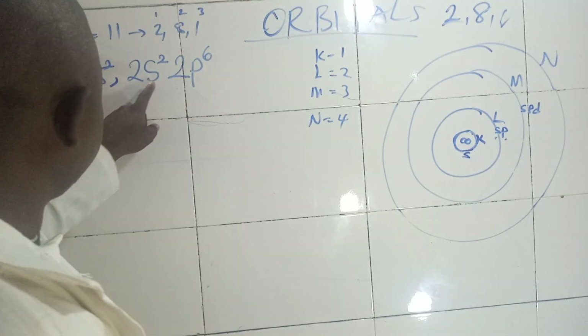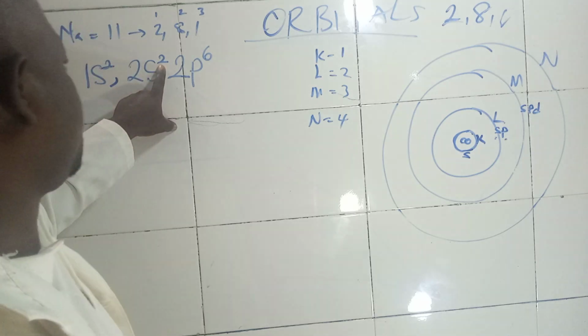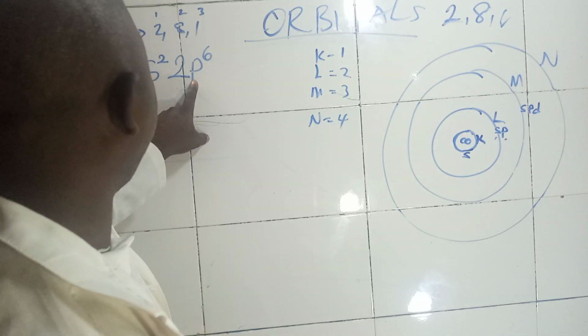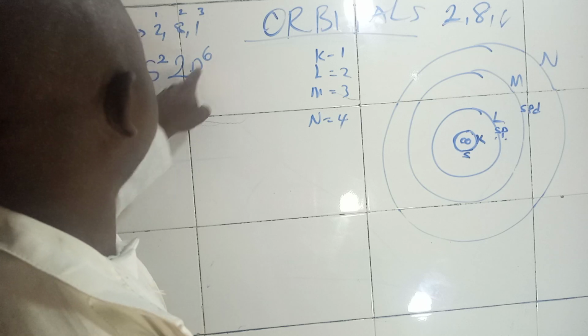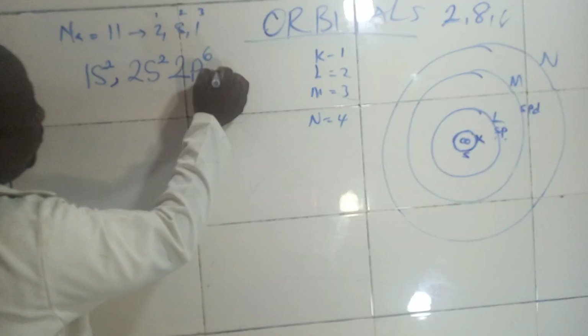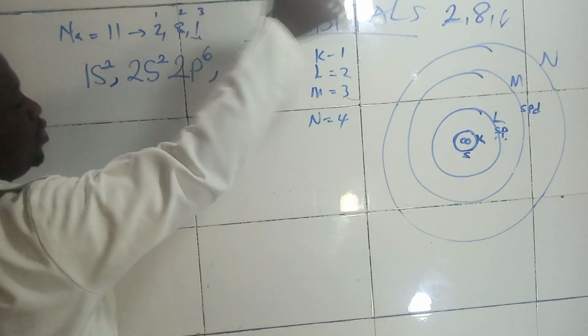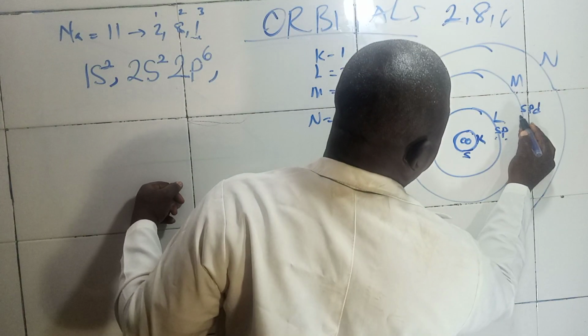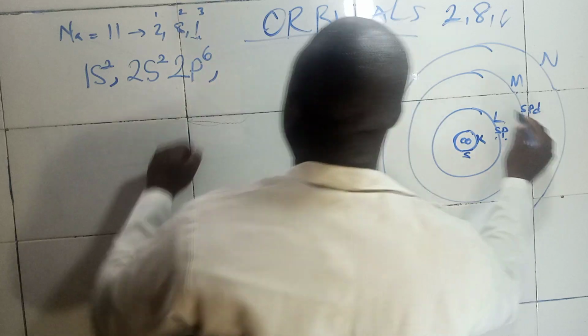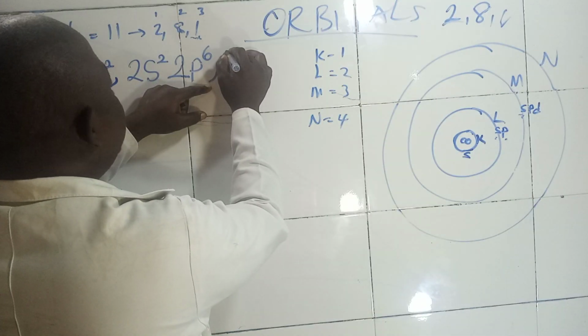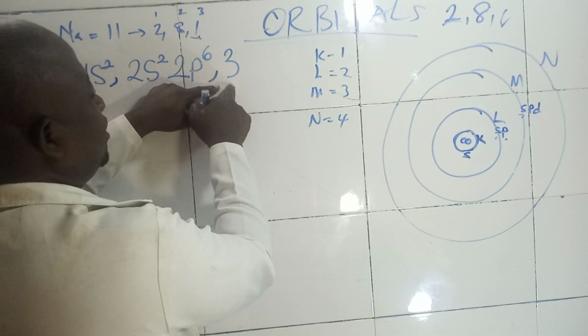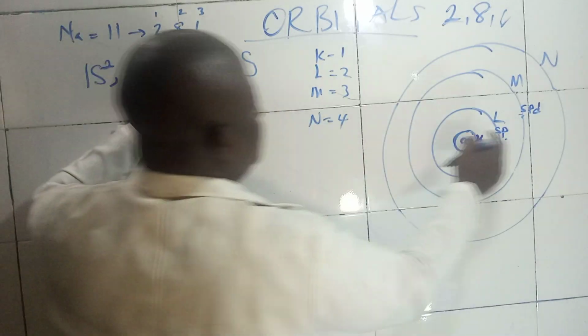Shell 2, the orbital level of this electron is 2, and the orbital level of this electron is what? 6. Then you use a comma to separate it from this one. So this one is the what? The third shell. And in the third shell, you have s to be the first one. So that is what? 3, which is third shell, s raised to power what?